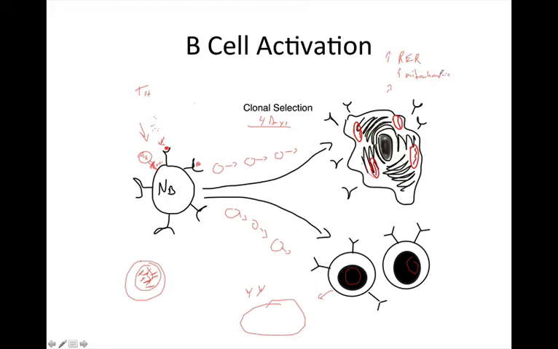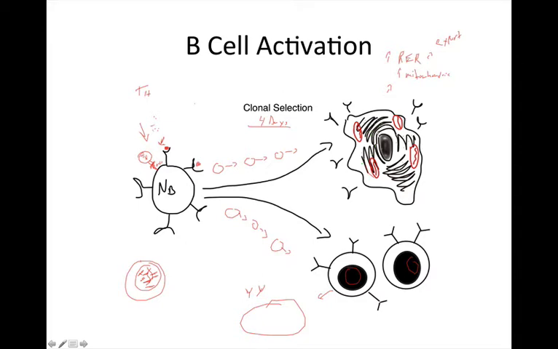So remember that the rough endoplasmic reticulum predominantly produces proteins that are going to be used for export. Not all proteins, but most proteins produced on the rough ER are exported out of the cell.